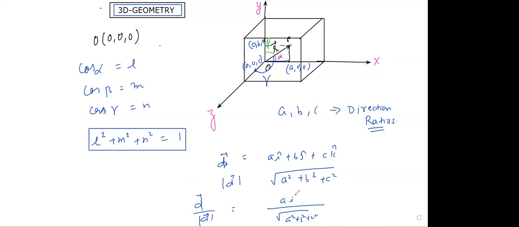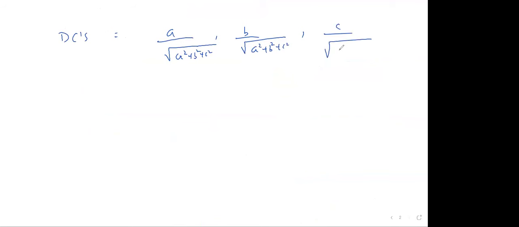We find the unit vector, and the coefficients of i, j, k will be direction cosines. So DCs will be a over root a square plus b square plus c square, b over root a square plus b square plus c square, and c over root a square plus b square plus c square.